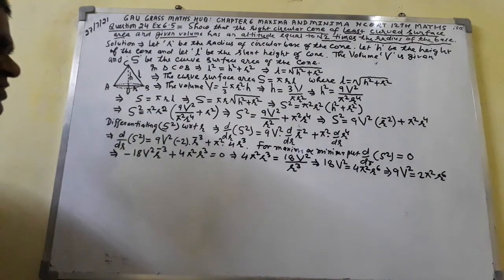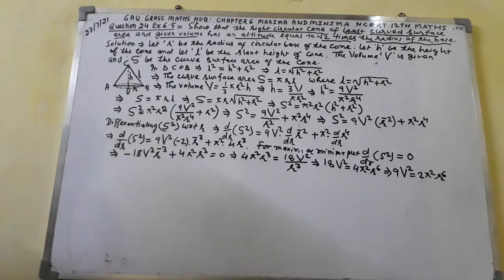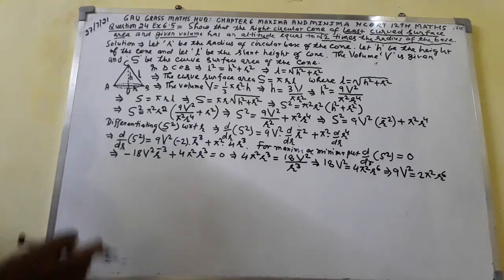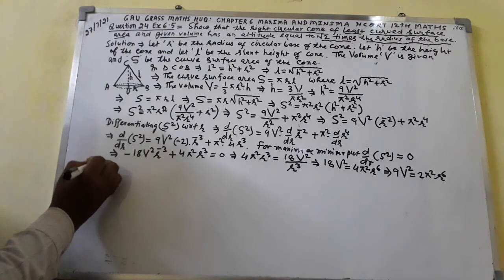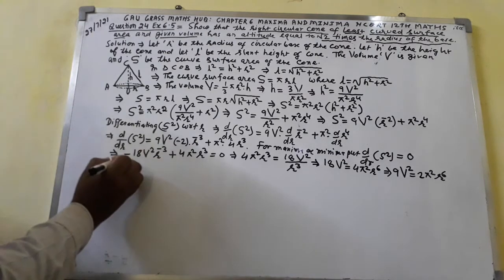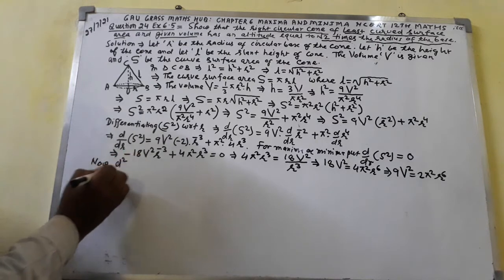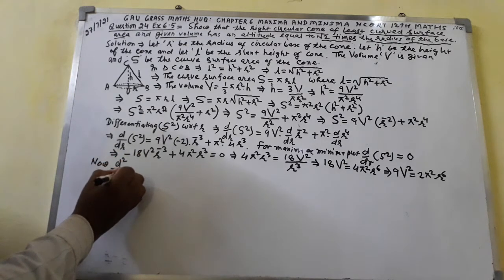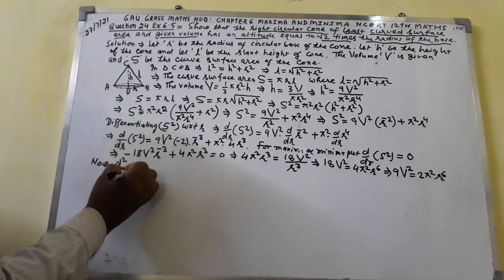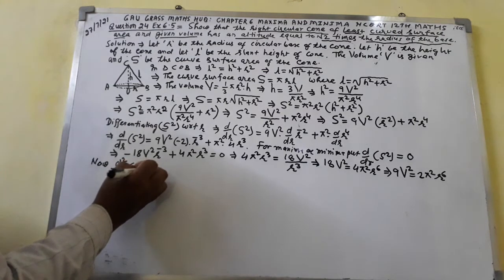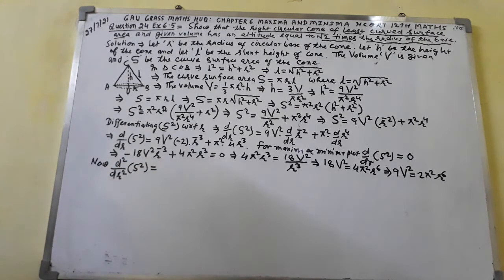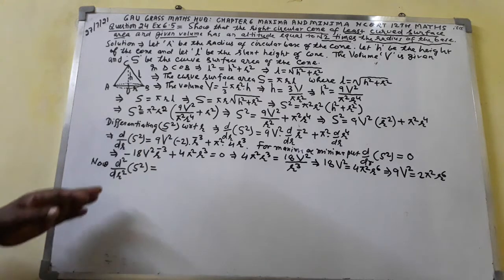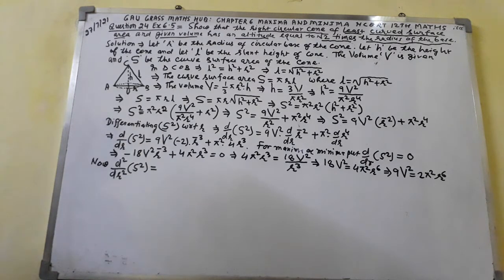Now what to do next? Next I shall find out d square over dr square of S square, the second order derivative of S square. So what to do here?